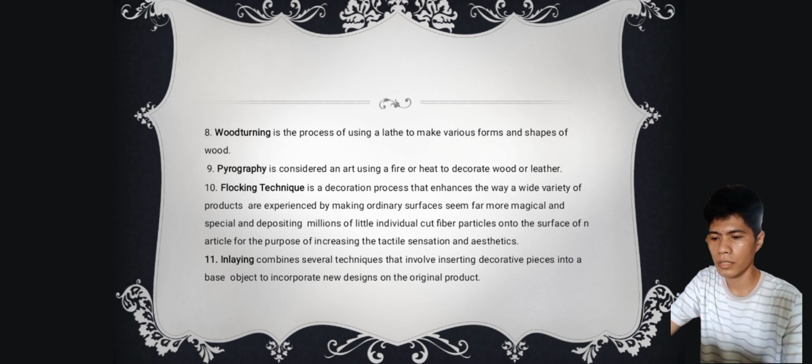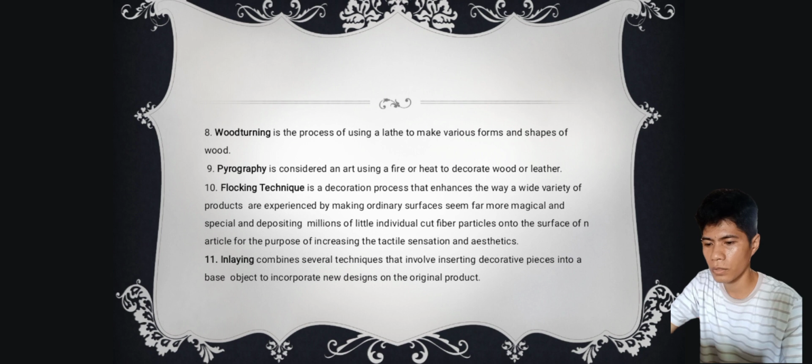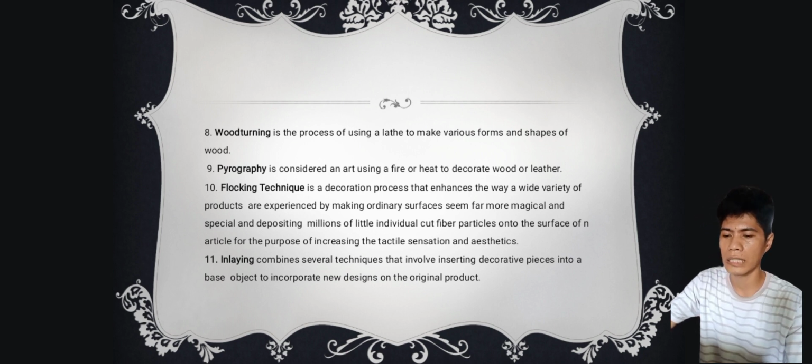Then the next technique is the flocking technique. It's a decoration process that enhances the way a wide variety of products are experienced by making ordinary surfaces seem far more magical and special, depositing millions of little individual cut fiber particles onto the surface of an article for the purpose of increasing the tactile sensation and aesthetics.